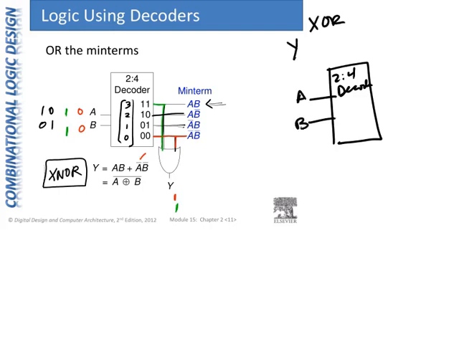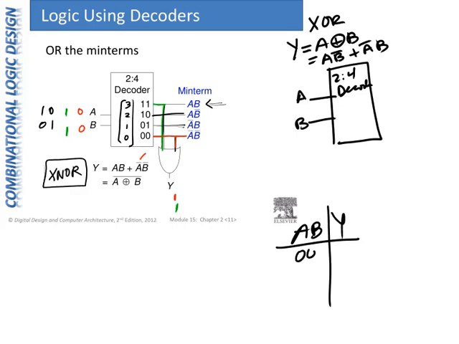We want to say Y equals A XOR B. We could write that in sum of products form, A and B bar, or A bar B. Remember, XOR means exclusively one of the inputs is 1 to make the output 1. So A bar B or A B bar.